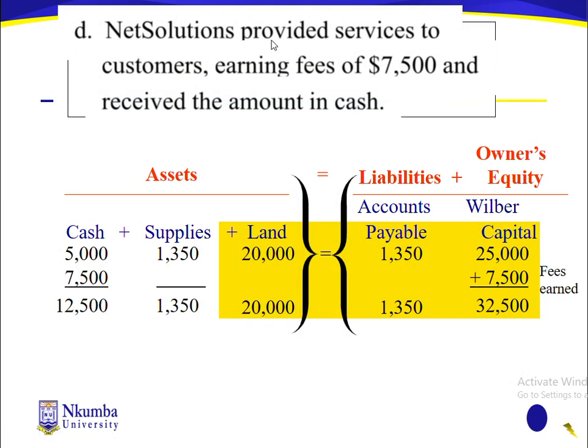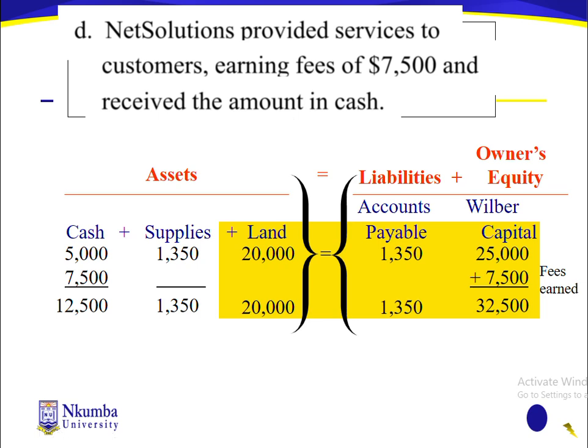For example, if Wilber's Barbecue provided services to customers, earning fees of $3,500 US and received the amount in cash. Here we are selling services and receiving cash from the customer.